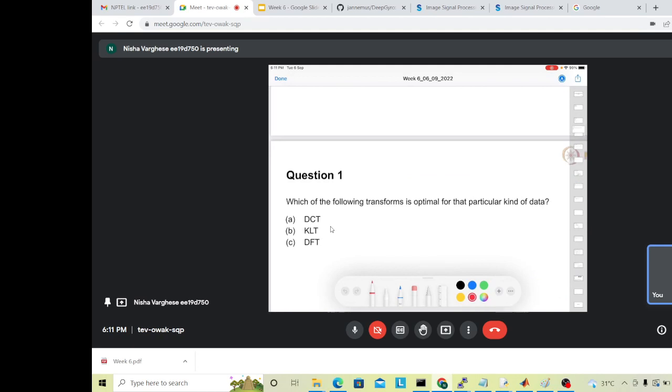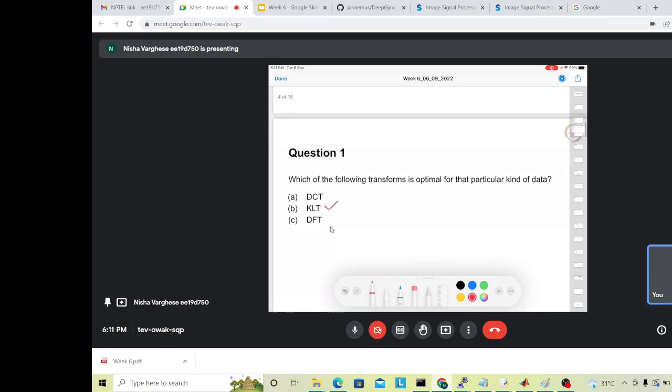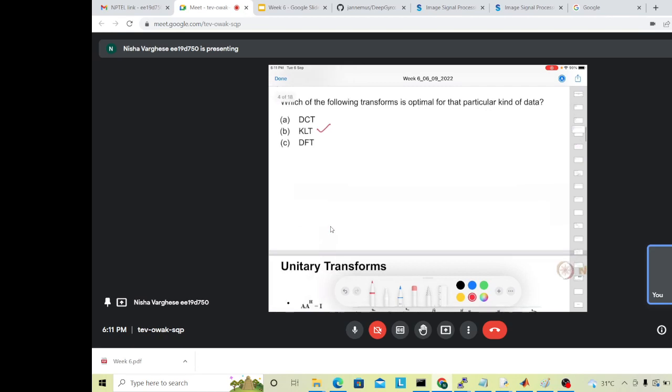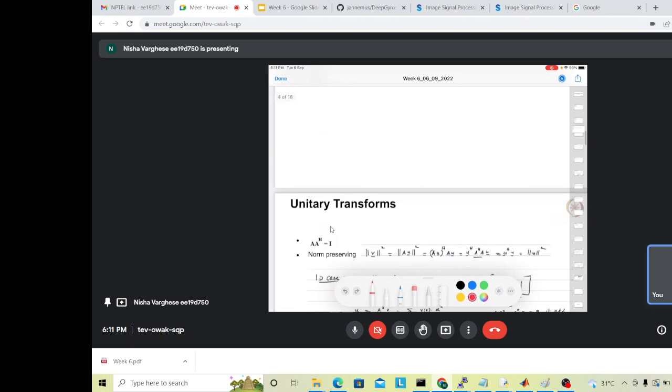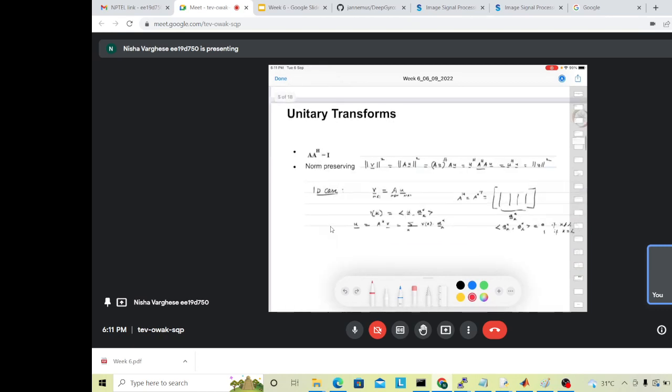We can say that data dependent transforms are optimal because we apply KLT on the input image itself, so its basis depends on the input image. So KLT can be considered the optimal transform. DCT and DFT are not optimal for that particular kind of data. So the answer is B. And we compare the performance of other transforms by comparing them with KLT. Okay.